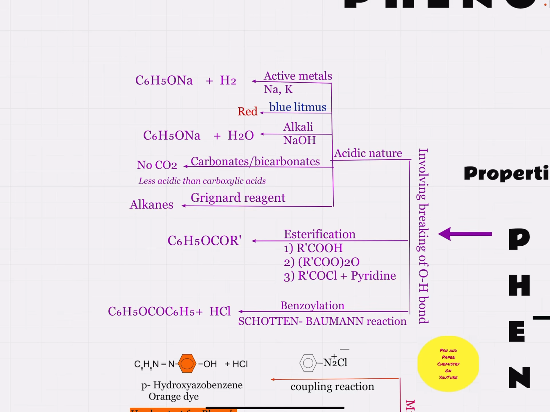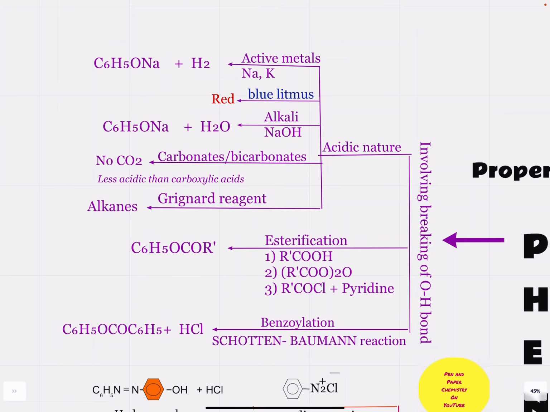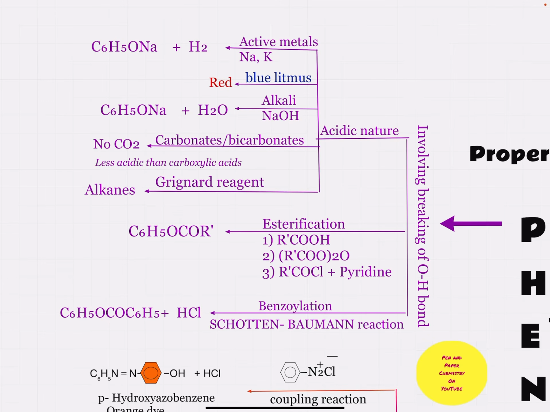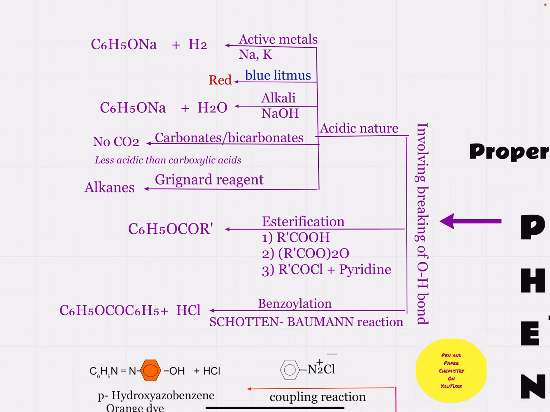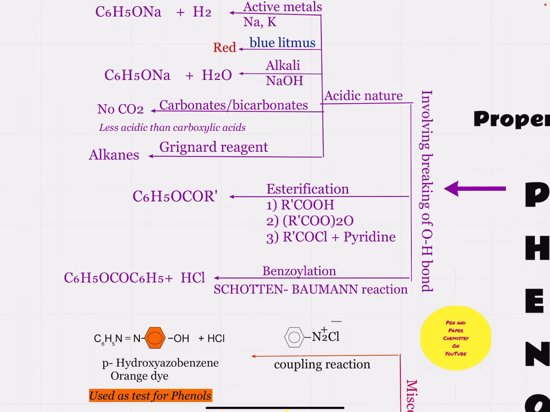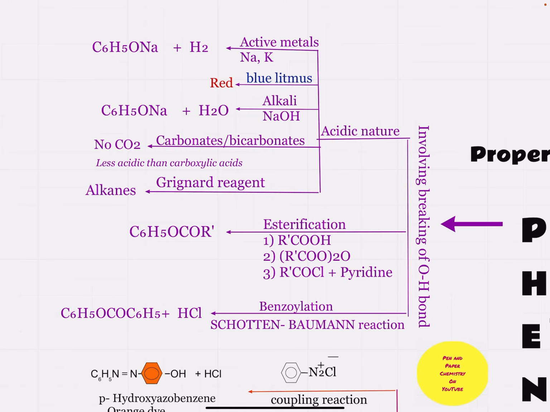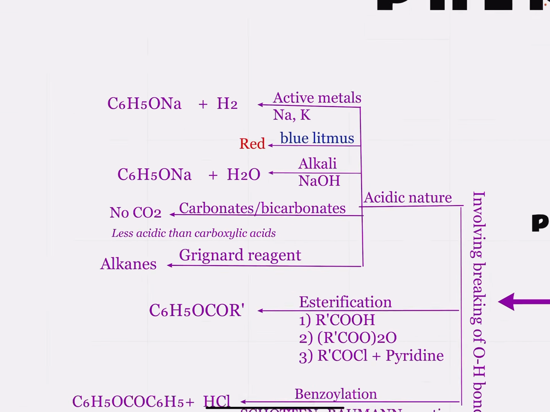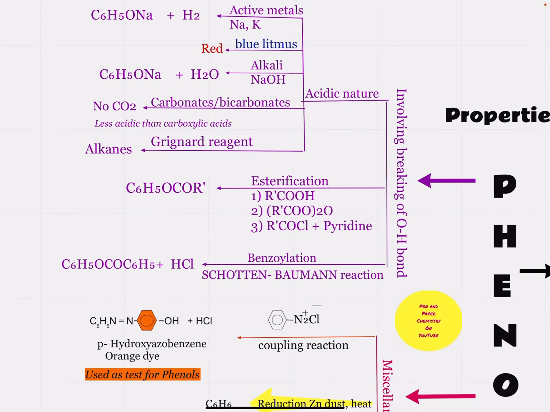By the way, you can also take screenshots so that you can draw this flowchart later on. So properties which show the breaking of the OH bond are more related to the acidic behavior: esterification, benzoylation. I've tried to list them in purple, but you'll notice a slight change over here, blue litmus to red.